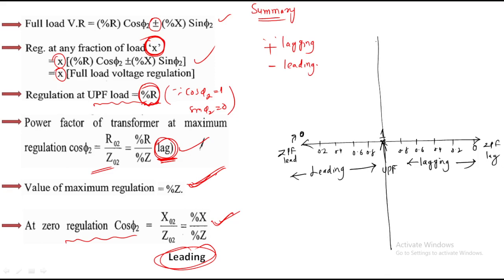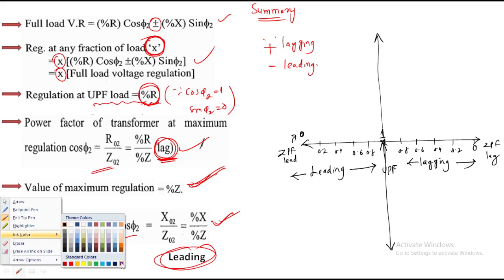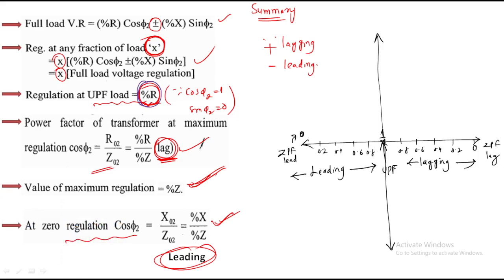Okay, next we have to get the curve. At UPF, what is the value of voltage regulation? Only percentage R. Let us take this point; some value of voltage regulation is there, right? This is the voltage regulation.